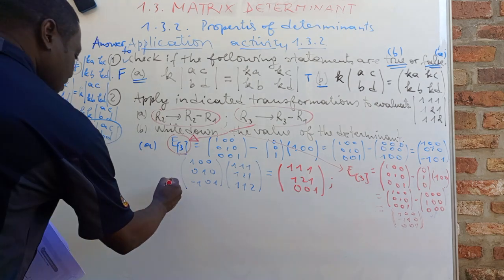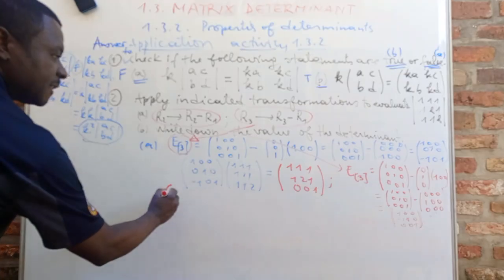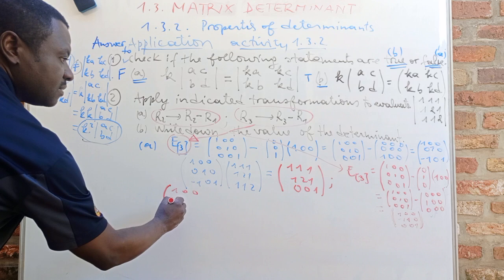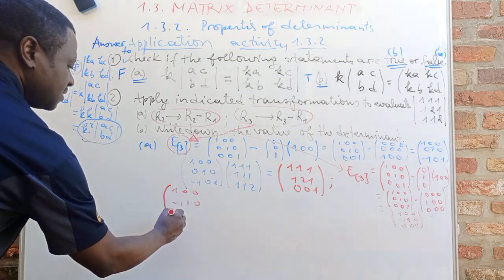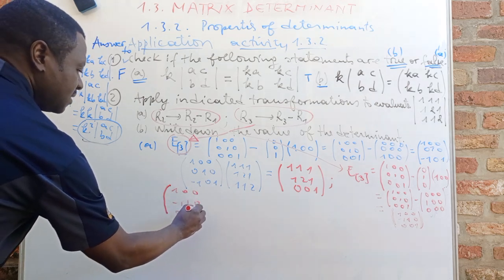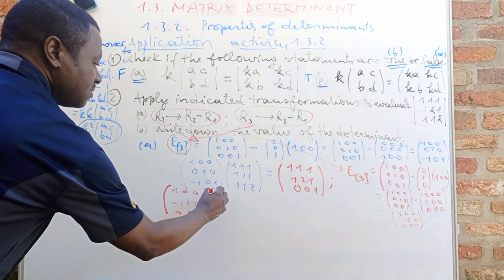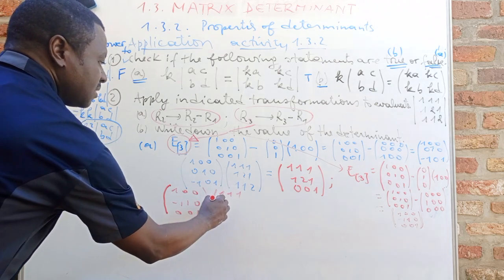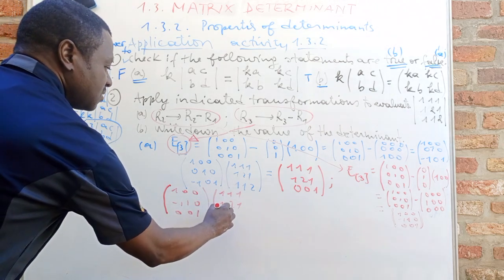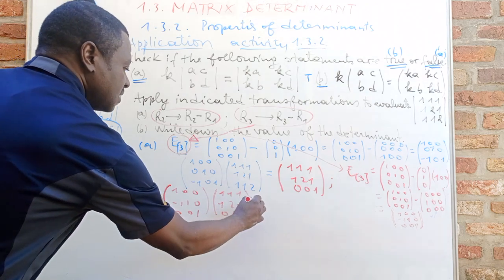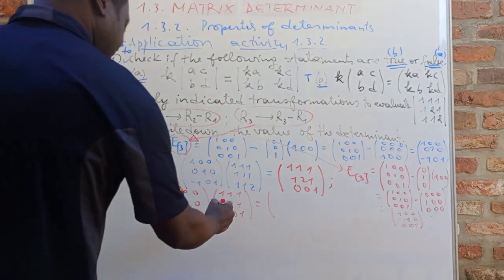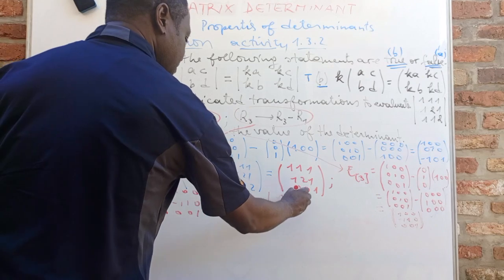We're going to have 1 0 0, negative 1 1 0, 0 0 1. We apply it to 1 1 1, 1 2 1, 0 0 1, and I'm going to get first row no change.